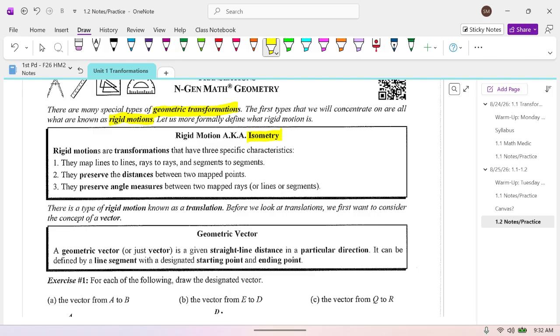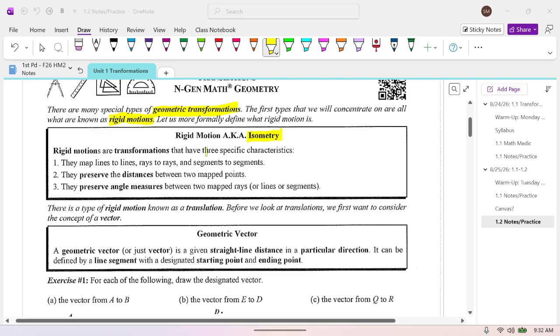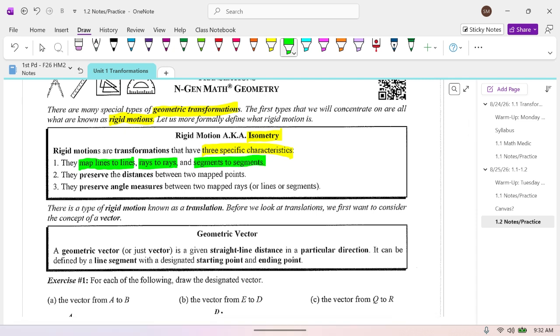So rigid motions are transformations that have these specific characteristics. They map lines to lines, rays to rays, segments to segments, which is just a fancy way of saying if you are given a line and you translate it, it's still going to be a line, not a line segment. If you translate a ray, it's still a ray. If you translate a segment, it's still a segment. All right.